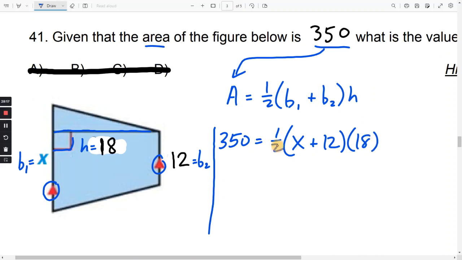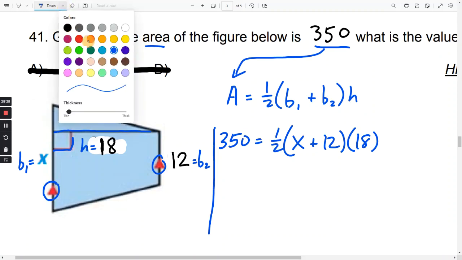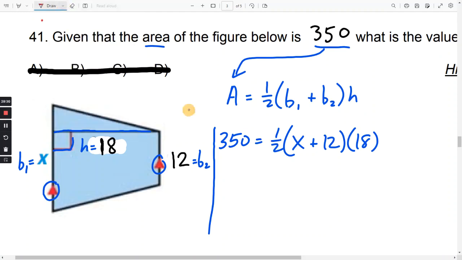Now, we can certainly distribute, but the easiest way to get rid of 1/2 is to multiply by 2. Times 1/2 is the same as dividing by 2. The opposite of dividing by 2 is multiplying by 2. So these are all multiplied. I'm going to take this whole thing and do times 2. And the 350 is also going to be times 2.